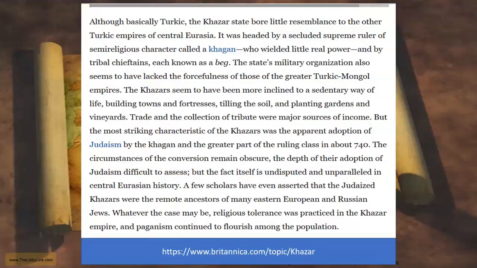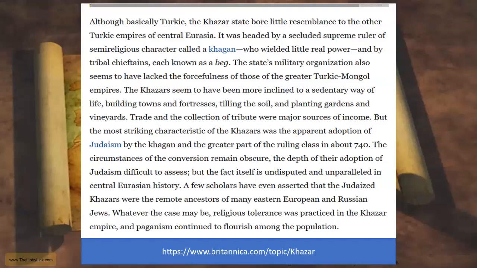So although basically the Khazar state bore little resemblance to the other Turkic empires of Central Eurasia, it was headed by a secluded supreme ruler of semi-religious character called a Kagan, who wielded little real power, and by tribal chieftains, each known as a beg. The state's military organization also seems to have lacked the forcefulness of those of the greater Turkic Mongol empires.